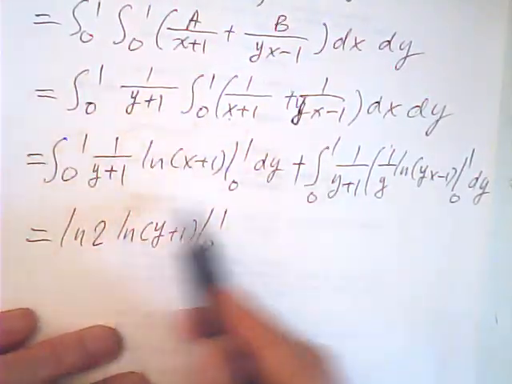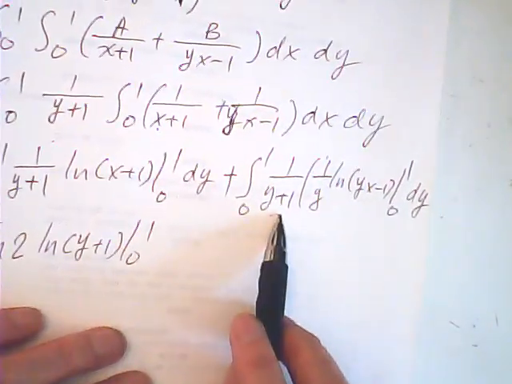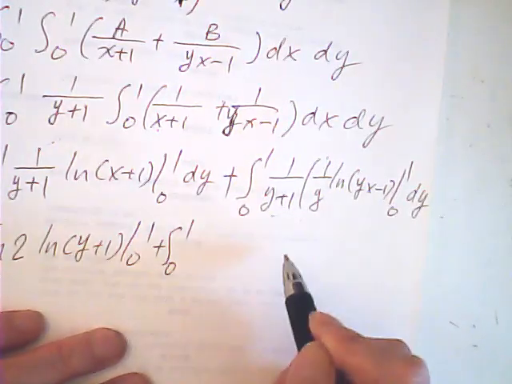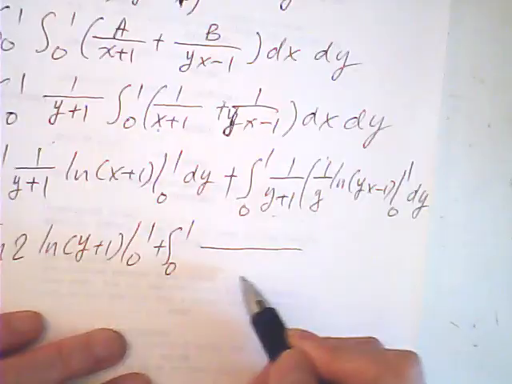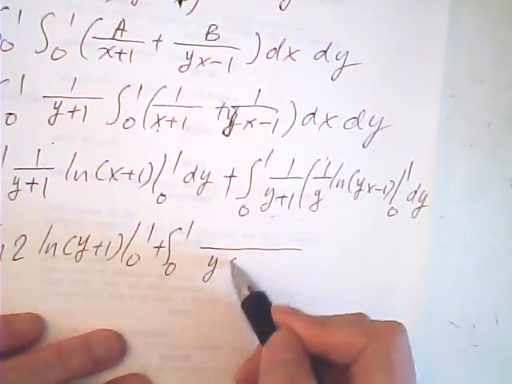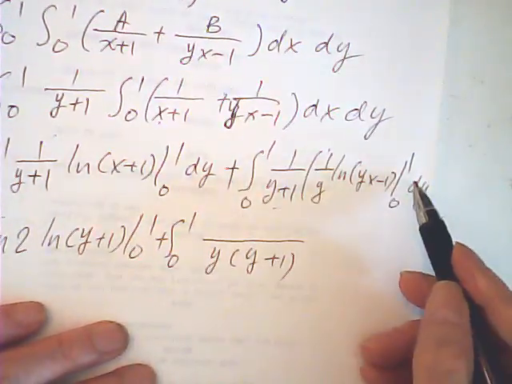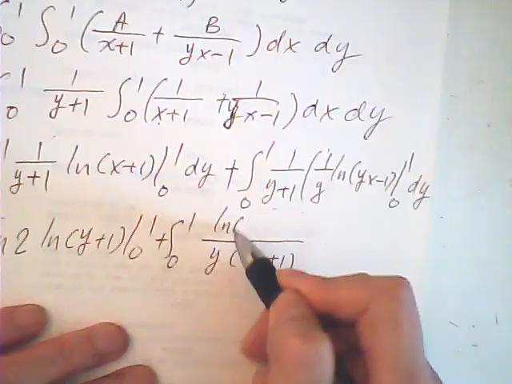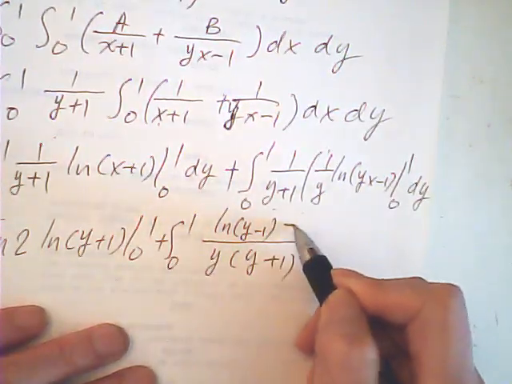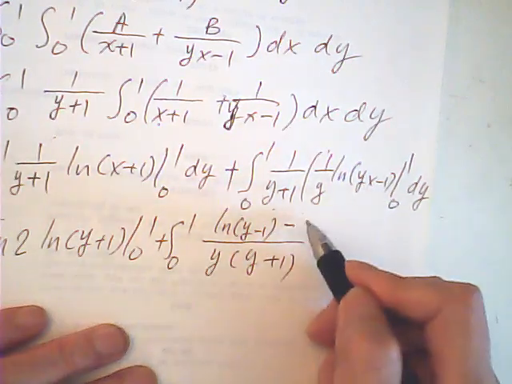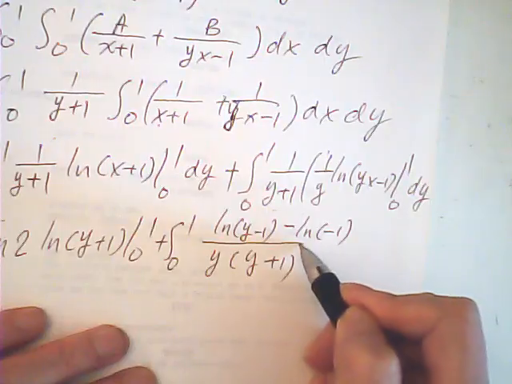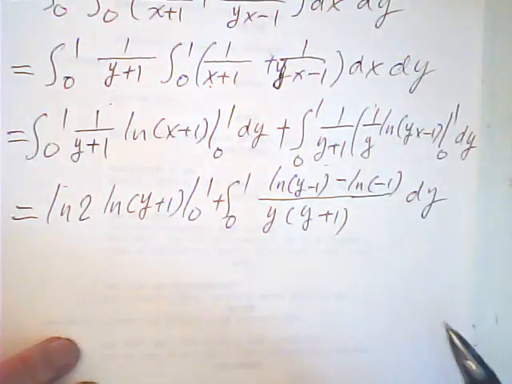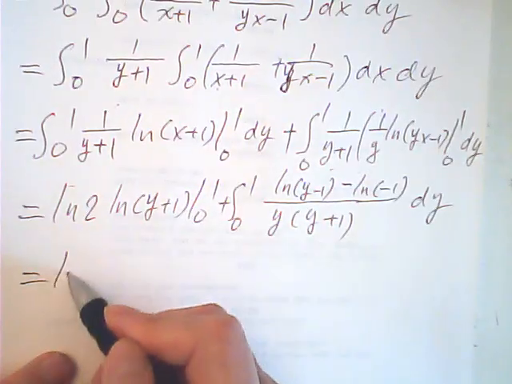Then plus the integral from 0 to 1 of 1 over y times, for x, log of y minus 1 minus, when x goes to 0, log of minus 1, dy. Okay, so this one equals log squared 2.